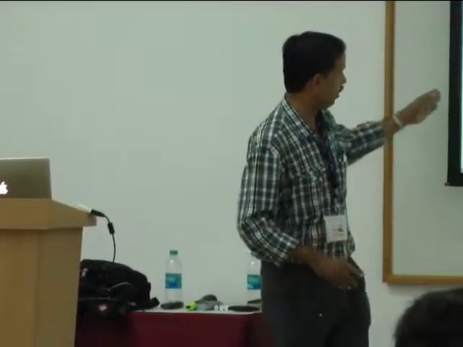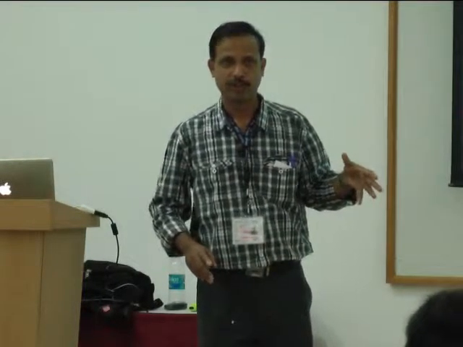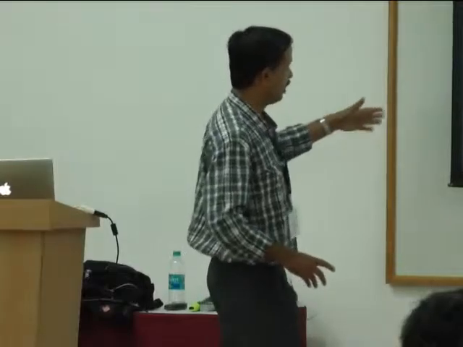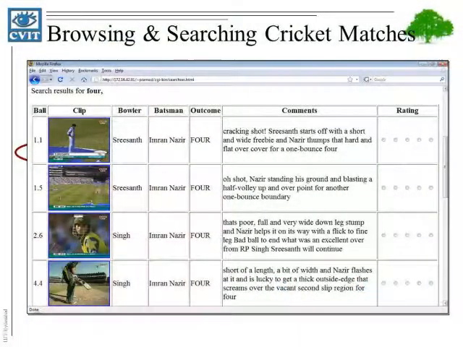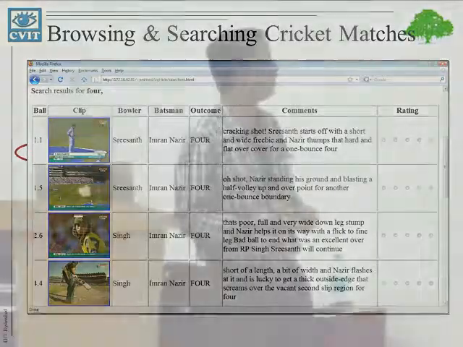For every set of frames, I now have a clean description, which is actually a human annotated description. With this sort of annotated description, we can build simple search engines where I can query specific words and get all the relevant shots or clips corresponding to that.